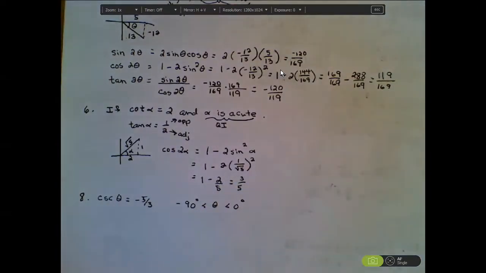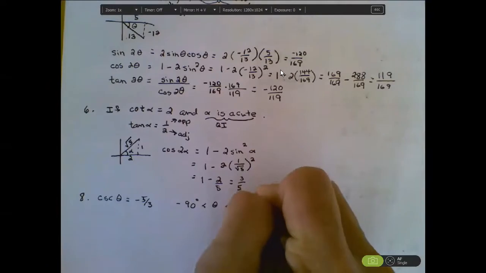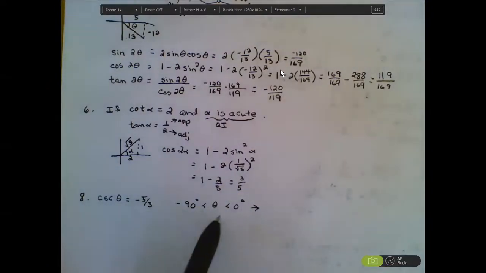Find sine of theta over 2, cosine of theta over 2, and tangent theta over 2. Just remember, whenever you're using the half angle formulas, you have to determine in what quadrant theta over 2 lies. Well, in what quadrant does theta lie? If theta is between -90 degrees and 0 degrees, what quadrant is that?